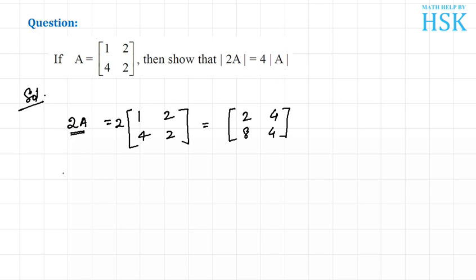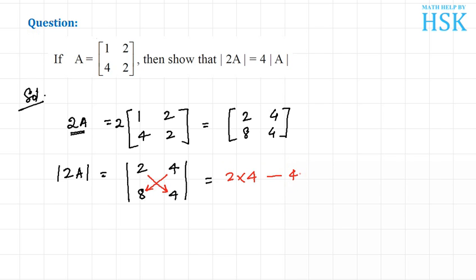Now, the determinant of twice the matrix A would be equal to the determinant of [2, 4; 8, 4]. Now to simplify this, this is a determinant of order 2, so we multiply 2 and 4, 2 into 4, and subtract from it 4 into 8.